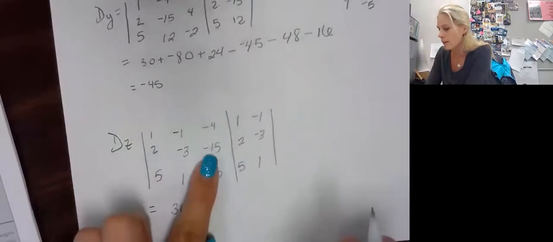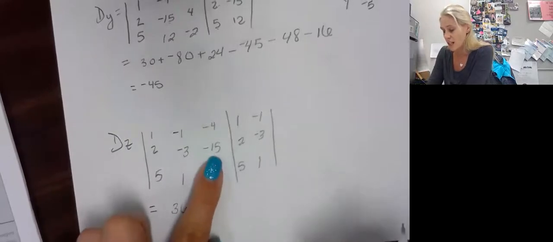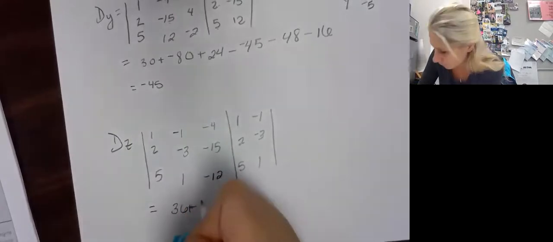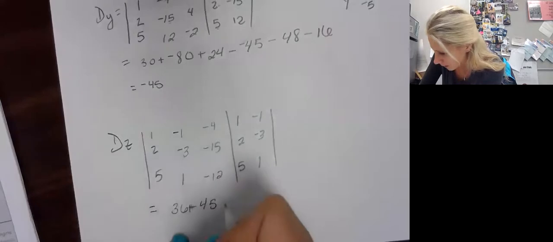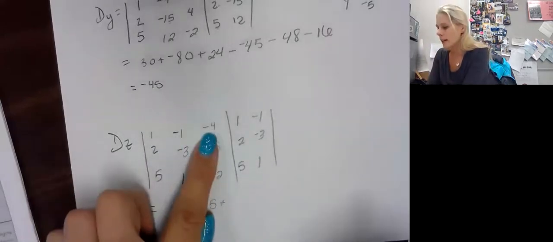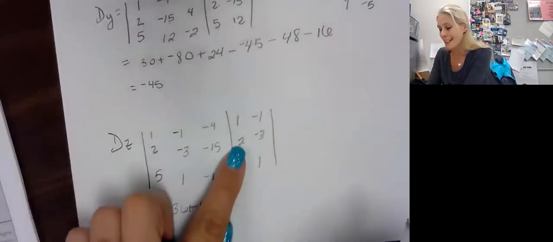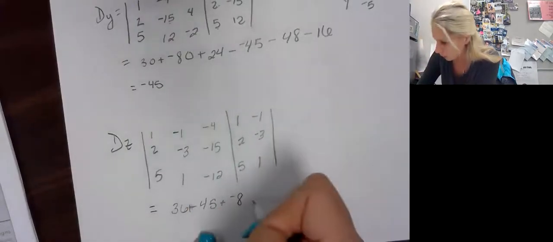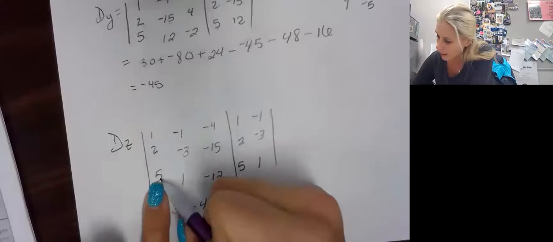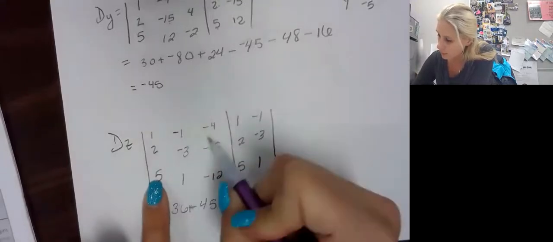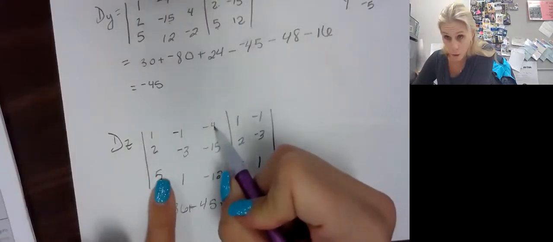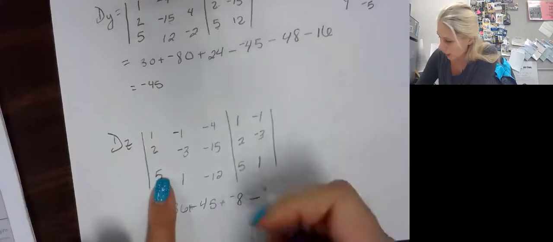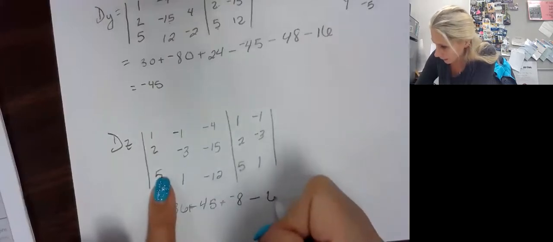Negative 1, negative 15 is 15. 15 and 5 is 45 plus negative 4 and 2 is negative 8 times 1, so negative 8. Now we're doing our subtraction. 5, let's see, let's do it this way. This would be negative 20. That would be positive 60.